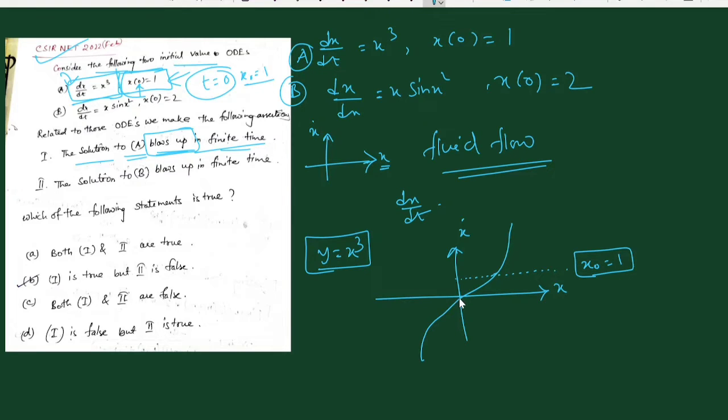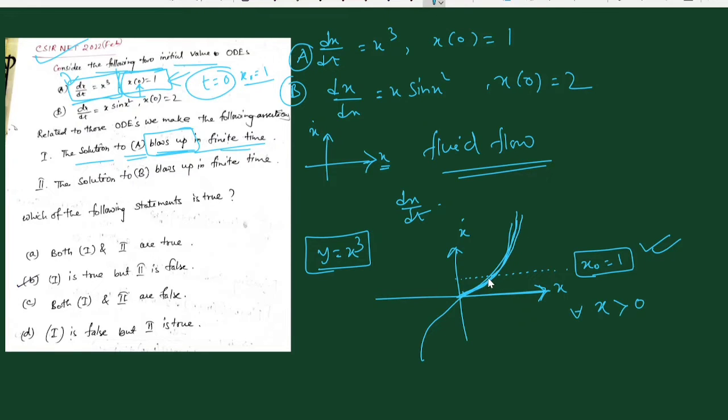The graph is clearly increasing for all x greater than 0, since x is positive and x dot is also positive. So for all x greater than 0 the graph of the function is increasing, and this is the line x0 equal to 1, and in this neighborhood the graph is clearly increasing.